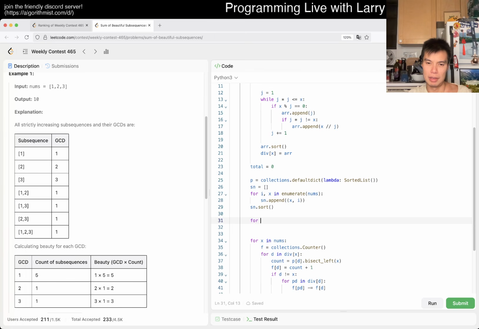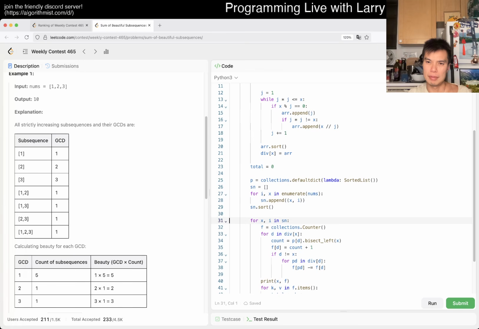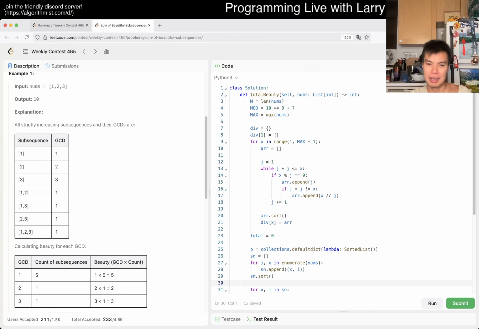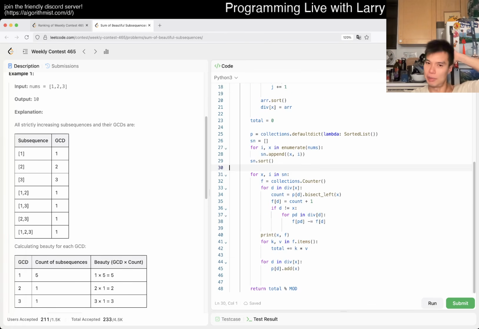What are we doing? Is that what I want to do? I'm going to process the numbers in order. Yeah, I don't know. Honestly, I remember too much of the other solution that I can do it, but I don't want to do it that way. But I don't know how to express this though.